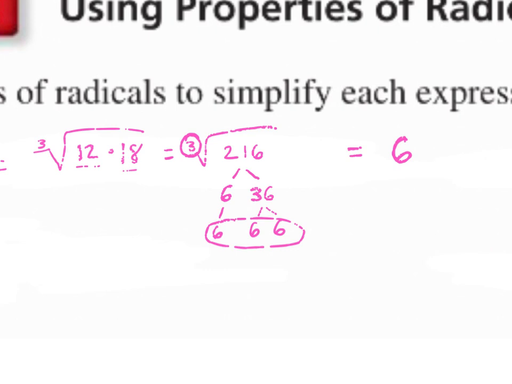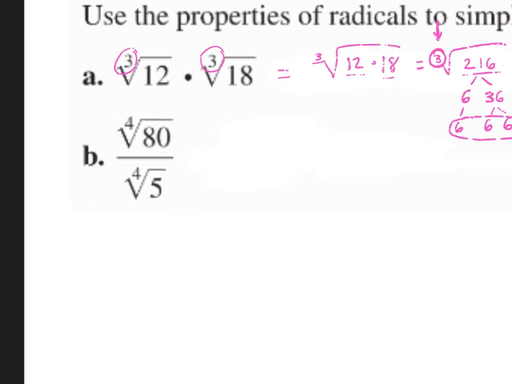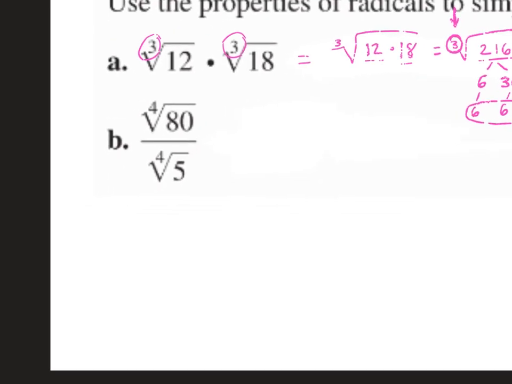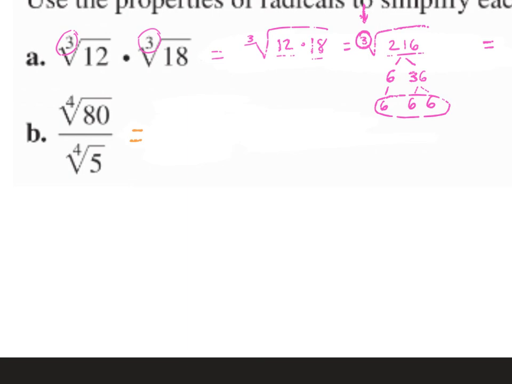Let's look at B. How can we simplify this? Put it under the same radical. So since these are the same, we just combine the insides together. So we have 4th root of 80 over 5.